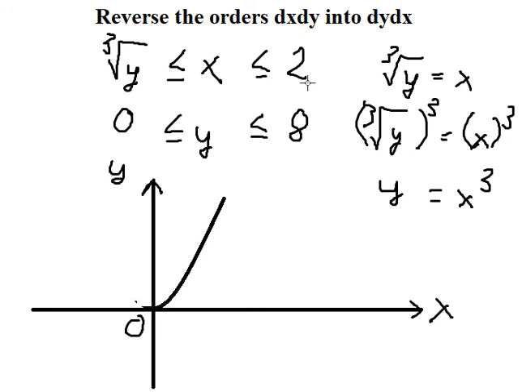S equals number 2. The graph should be like this. The next one is from 0 to number 8. That's it in here.